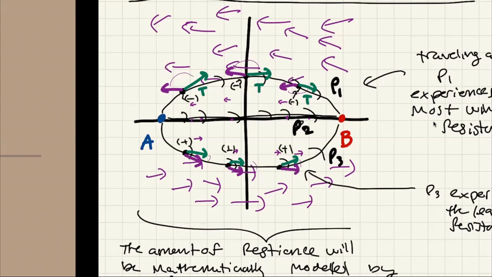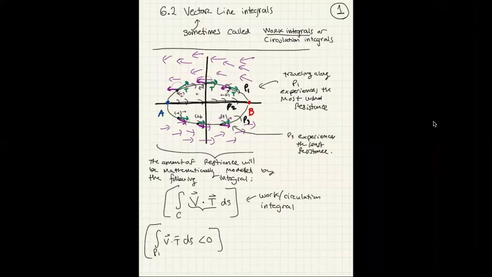And because integrating a positive function along a curve gives a positive number, the integral along P3 of v dot t ds would probably be positive. And that middle one is 0 because I've made the vector field 0 along that curve.